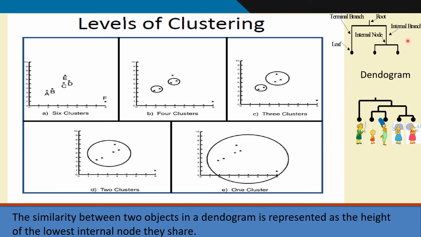The internal nodes in the dendrogram represent new clusters formed by merging the clusters that appear as its children in the tree. Each level in the tree is associated with a distance measure that was used to merge the clusters.